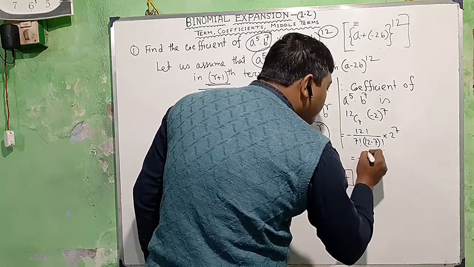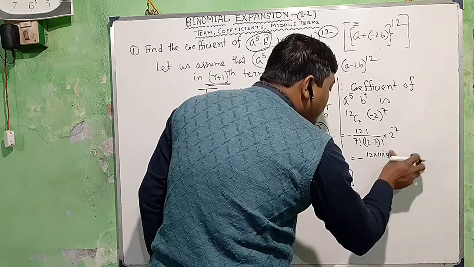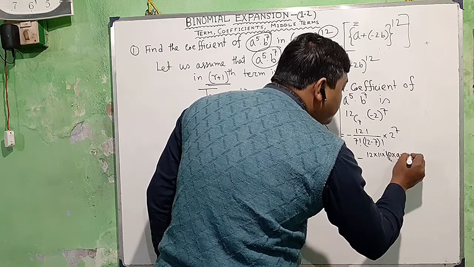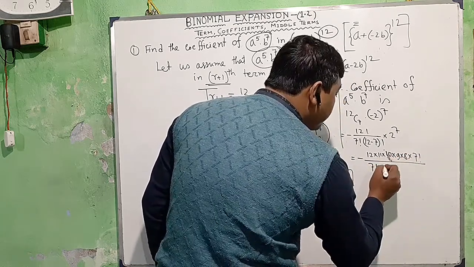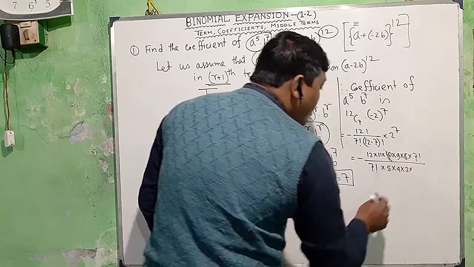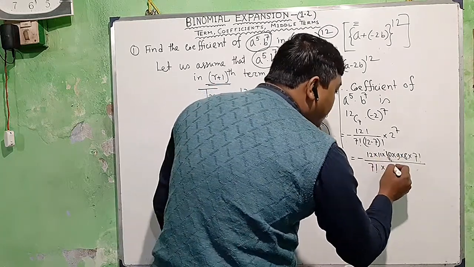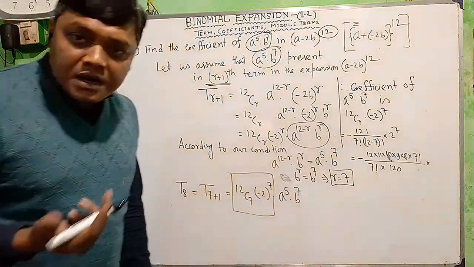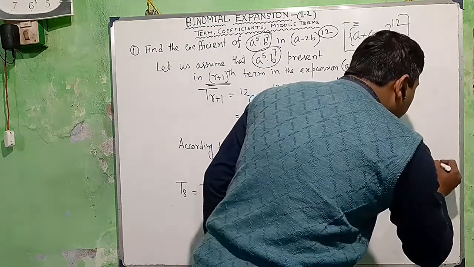So 12 into 11 into 10 into 9 into 8 into 7 factorial by 7 factorial into 5 into 4 into 3 into 2, that means 5 factorial, 12 minus 7, that is 120, and 2 to the power 7: 2 to the power 5 is 32, 2 to the power 6 is 64, 2 to the power 7 is 128.